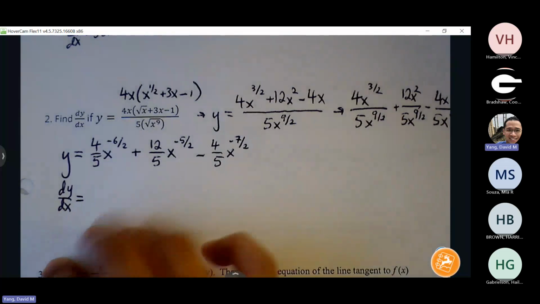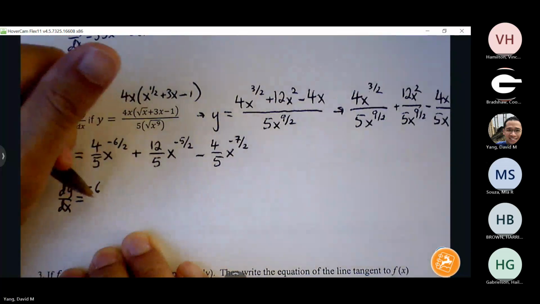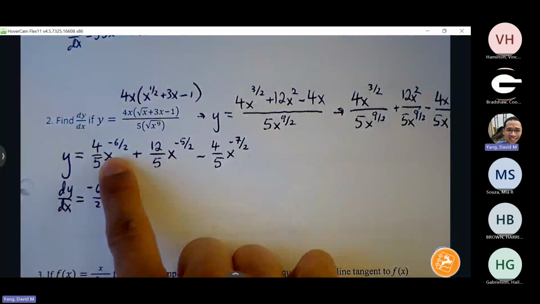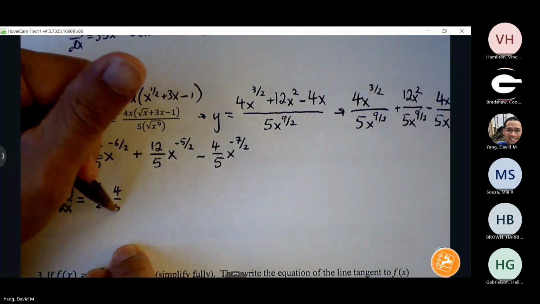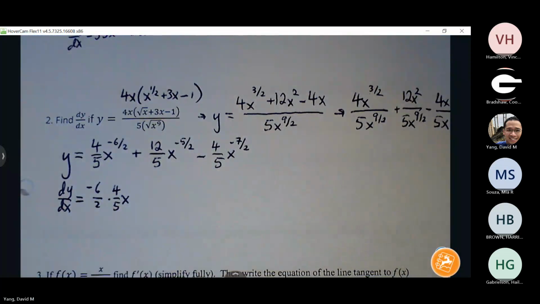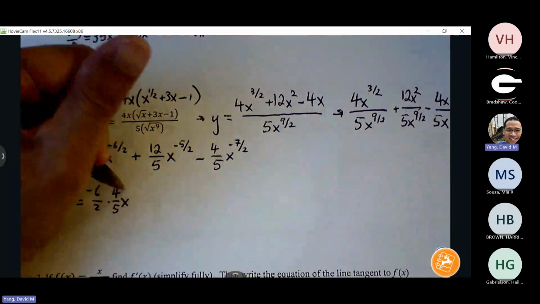Bring the exponent down in front. That's really -3. If you want to make that -3, you can, but I'll leave it as 4. So -3 minus 1 is -4.